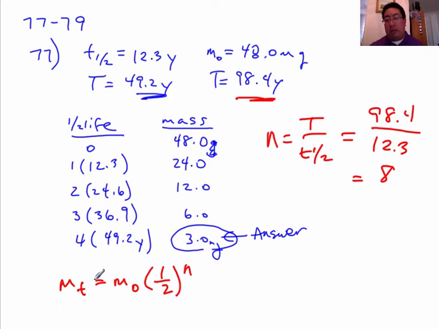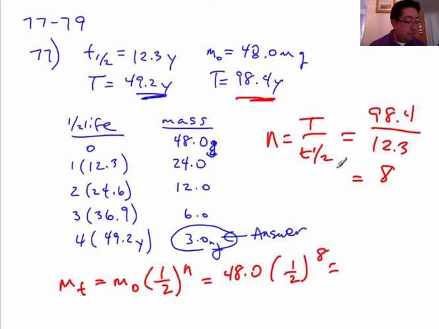So we could keep going another 4 times using the first method, or we can use this one. So we could say 48.0 times 1/2 to the 8th. That will also give us our exact same answer.